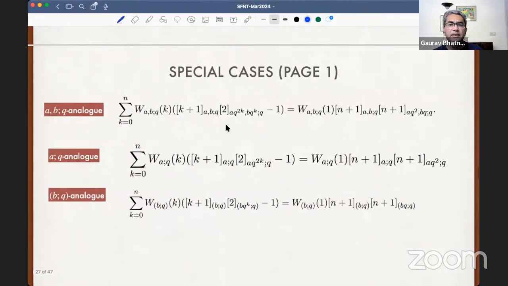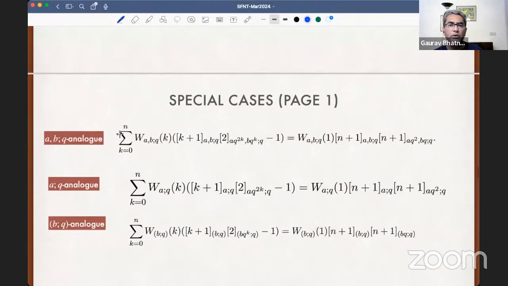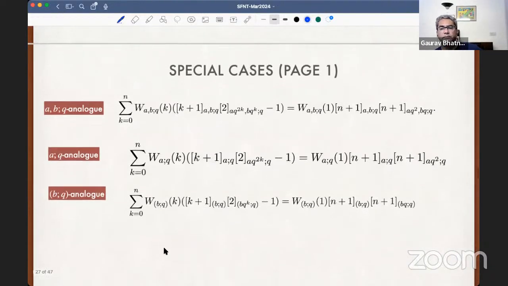But what you can do is take p equal to 0, for example, and get what is called the ABQ analog. So you get something which looks like this. These weights are what I defined earlier. The AQ analog is when you take b equal to 0, and the BQ analog is when you take a equal to 0. There's always some confusion in these notations because the AQ analog and BQ analog are different, so I put a bracket around the BQ analog.